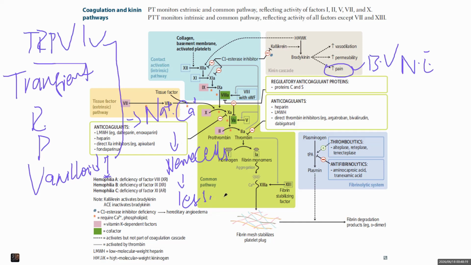Once it has been depolarized and the depolarization reaches a certain threshold, it starts an action potential. This action potential is fundamentally important because it travels along the nerve fiber to the spinal cord and all the way to the brain.